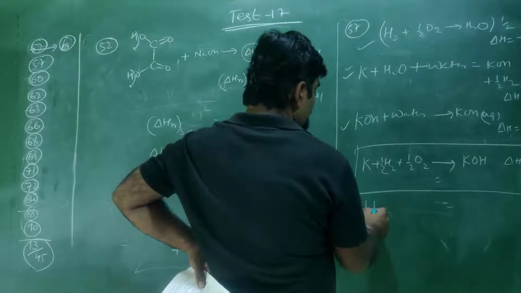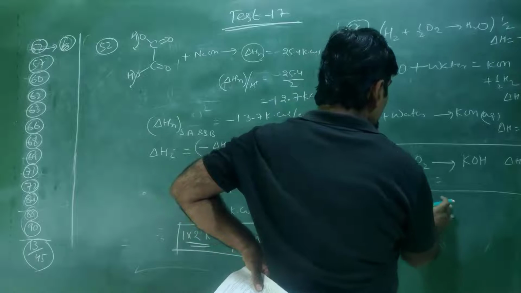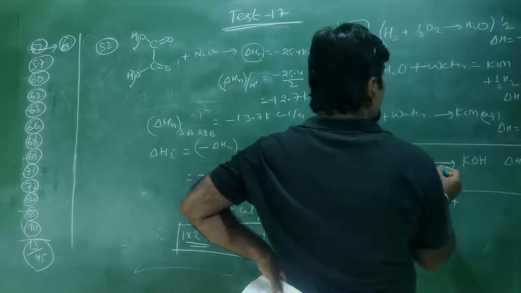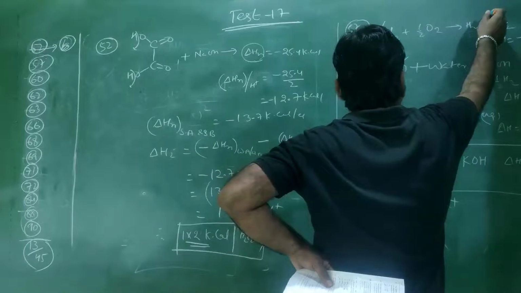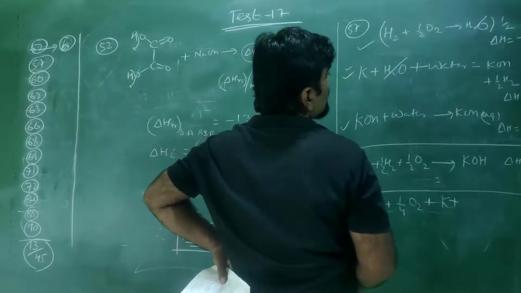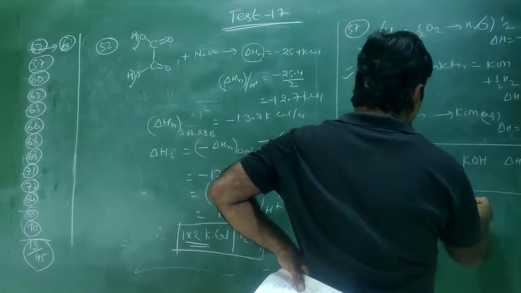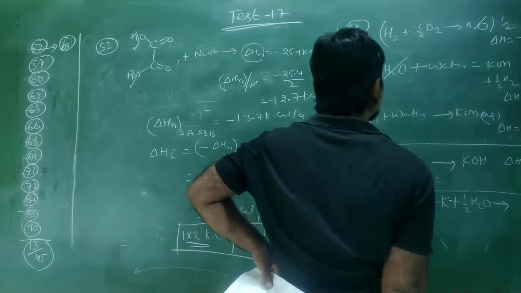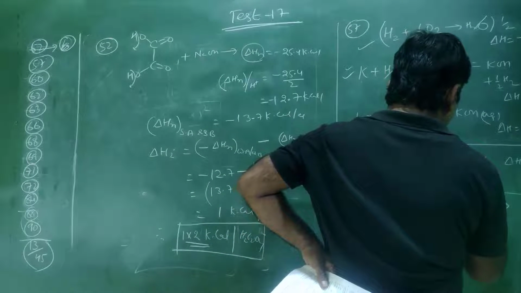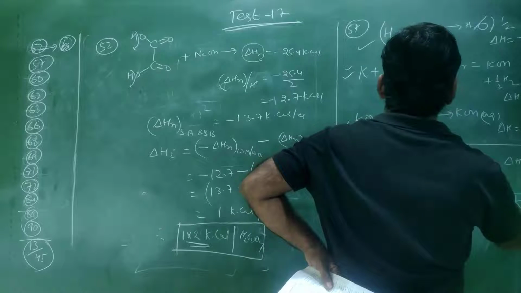We'll get half H2 plus 1/4 O2 plus K plus H2O, and H2O and H2O will be cancelled. Over here half H2O, over here half H2O. So K plus 1 by 2 of H2O will give you the KOH value, plus water gives rise to KOH plus half H2.